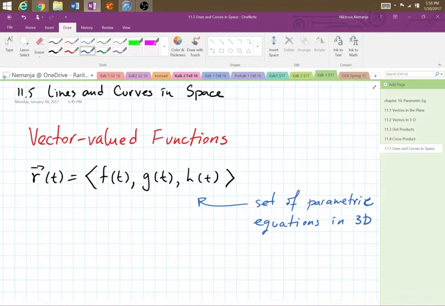And we have 3 dependent variables, f, g, and h, which depend on the independent parameter t, which is shared between all of these.